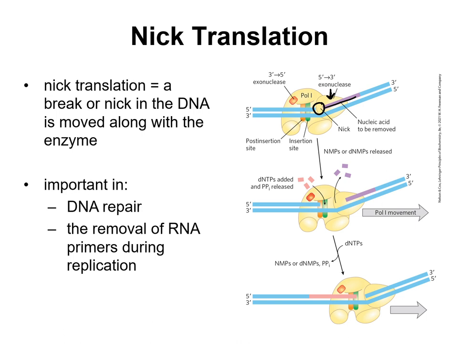And then, once that happens, DNA pol 1 is going to go in and fix it, adding on to that chain. This kind of activity is important in DNA repair, but also in the removal of RNA primers during replication.